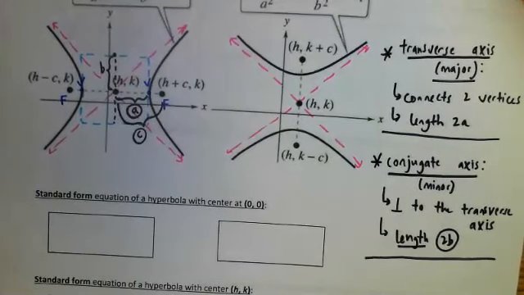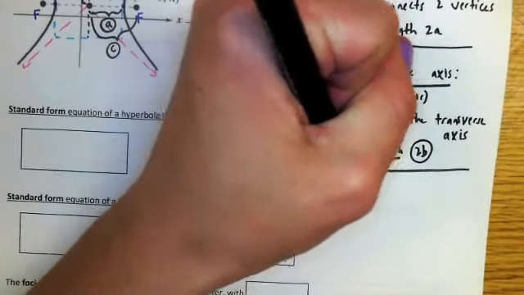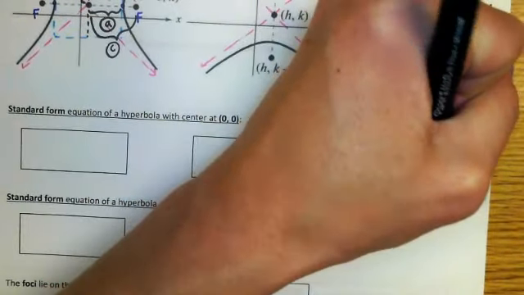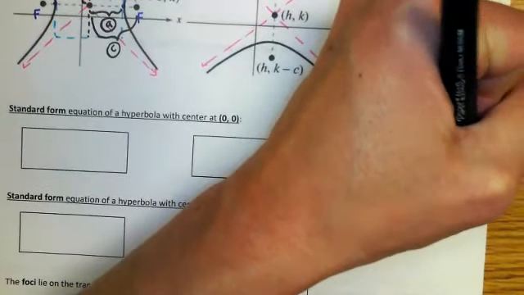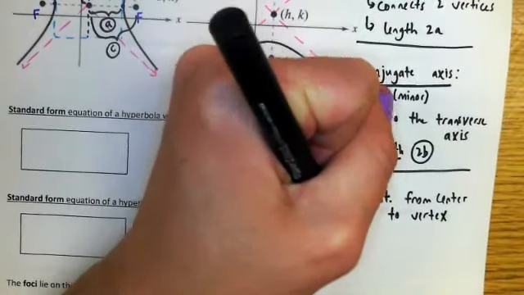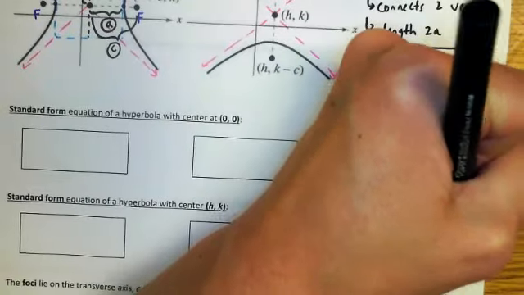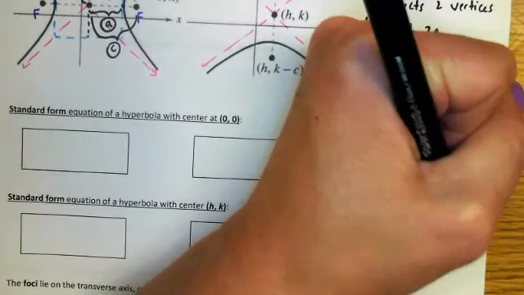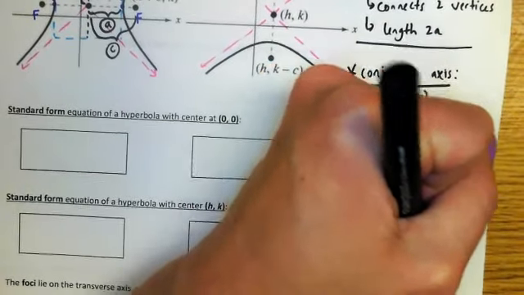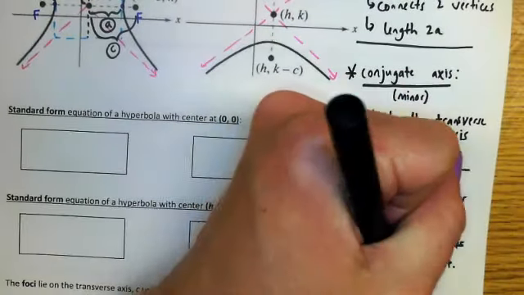A, B, and C. Let's label those underneath. So A, right? We've talked about A being the distance from center to vertex. Whereas B is distance from center to endpoint of conjugate axis.